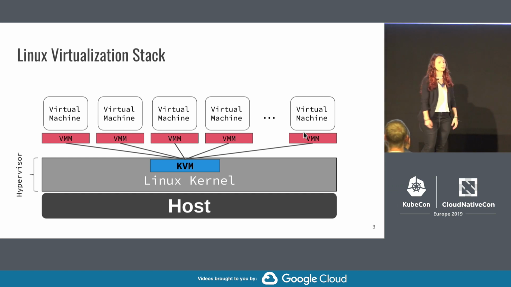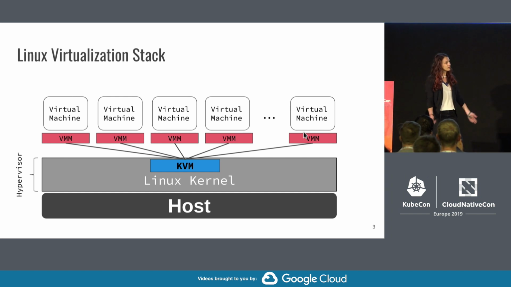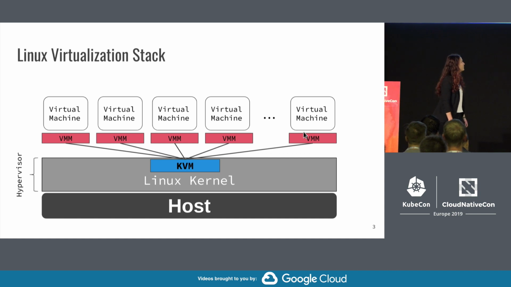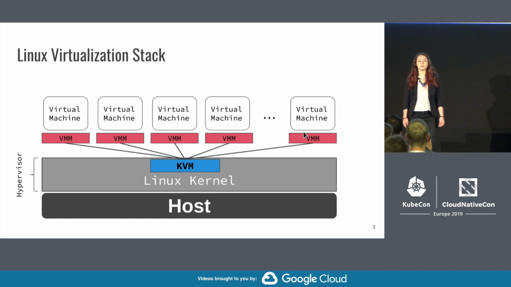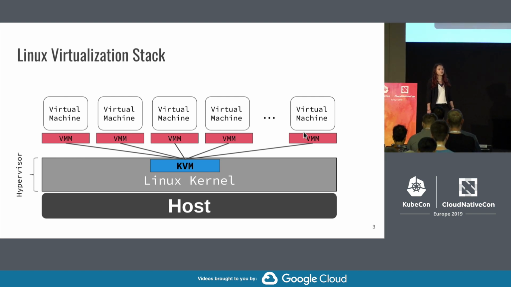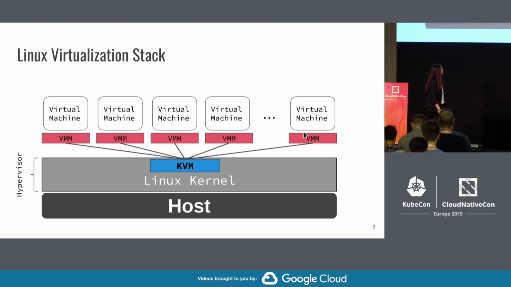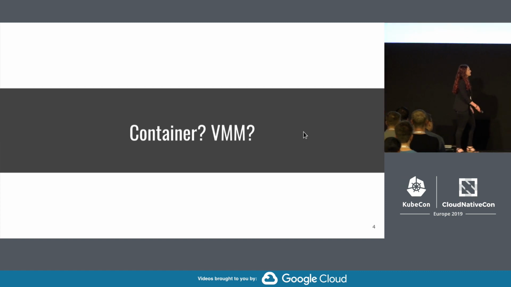And KVM is essentially making the Linux kernel behave like a hypervisor. But we are not going to talk about this today, Samuel. What we are going to talk about is actually a layer up. So we are going to talk about virtual machine monitors, or VMMs, which are going to be used for managing virtual machines. And with that, I will let Samuel get back to his presentation about containers.